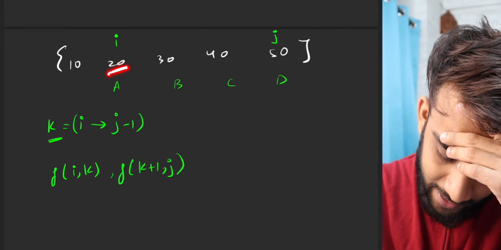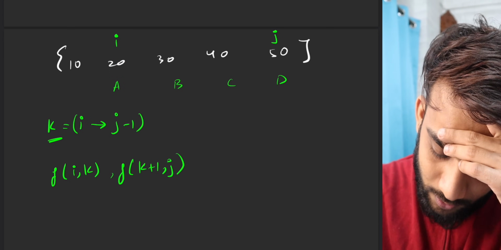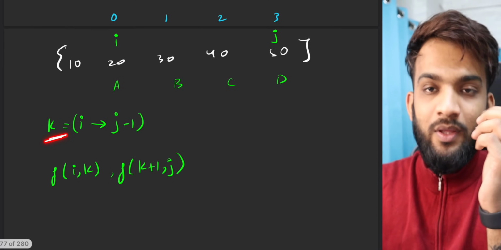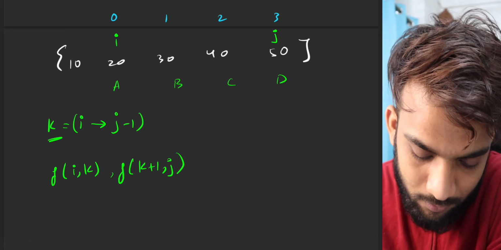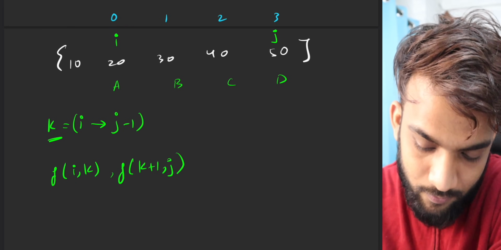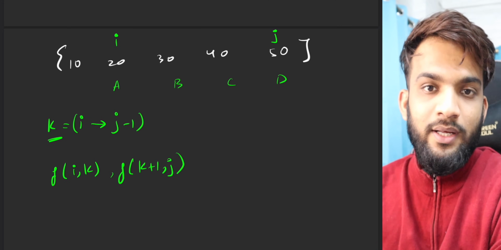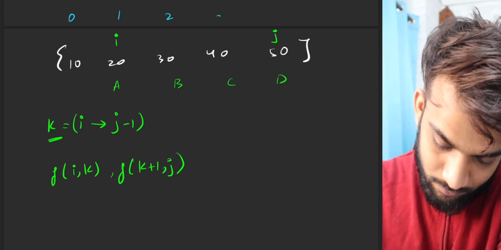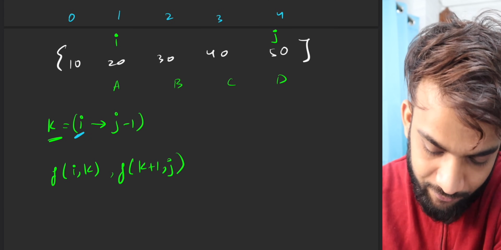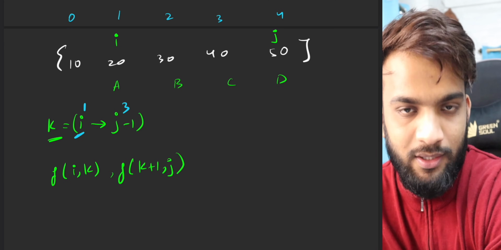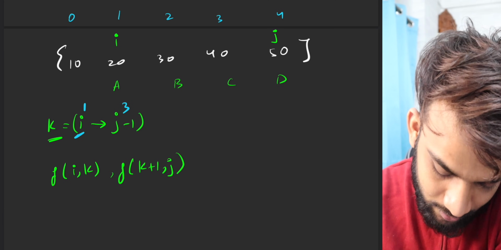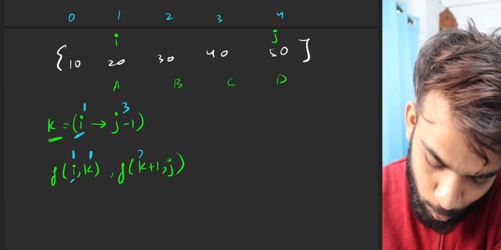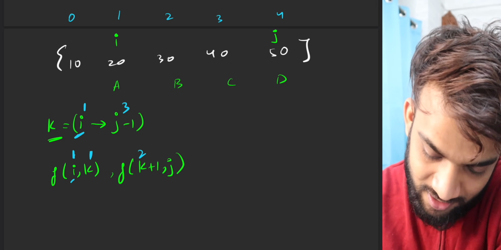Let's take this example and try to write the values. 0, 1, 2, 3. So where is k? Let's write down the indexes so that this gets better. So k is basically running from 1 to 3. So what am I saying? 1 to 1 and 2 to, what's j? j is 4.